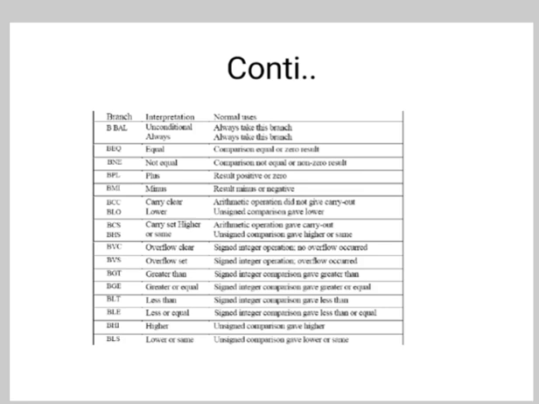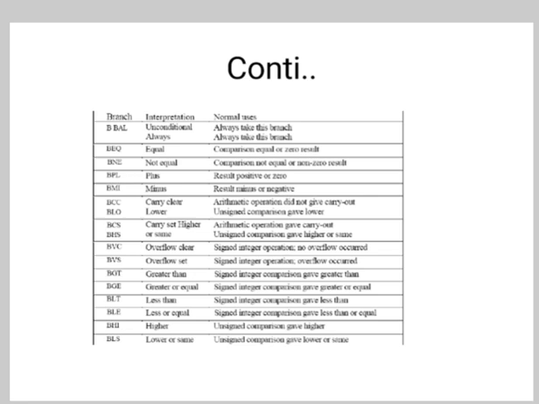BLO is lower, unsigned comparison gave lower. BCS is carry set, arithmetic operation gave carry out. BHS is higher or same, unsigned comparison gave higher or same. BVC is overflow clear, signed integer operation, no overflow occurred. BVS is overflow set, signed integer operation, overflow occurred. BGT is greater than, signed integer comparison gave greater than.